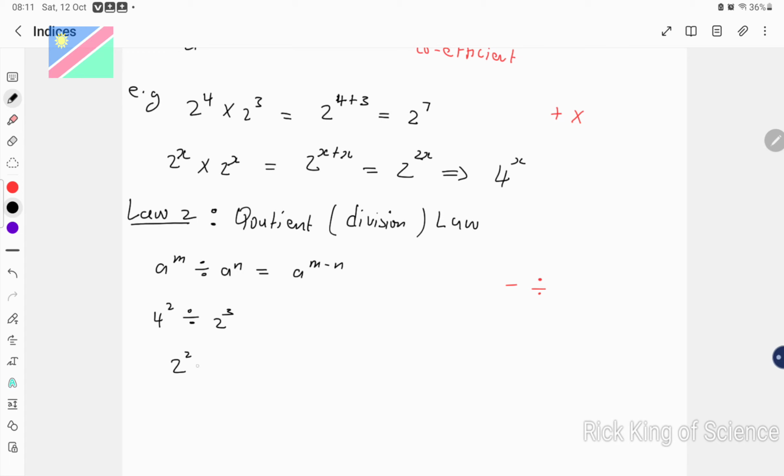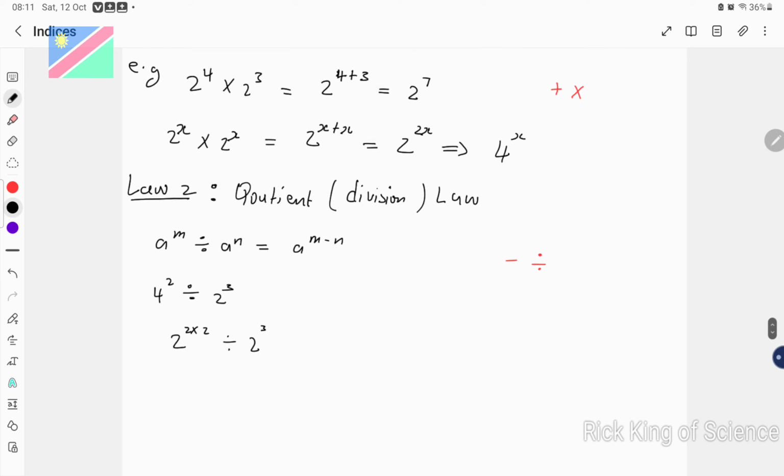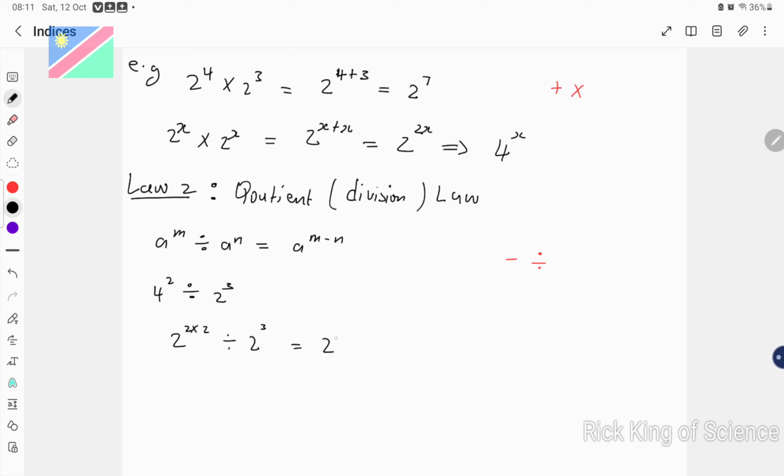But there was already a 2 there, so you are going to multiply those. And then you say divided by 2 power 3. Then from there, apply the law. This one is a 4, right? So the answer will be 2 power 4 minus 3, which is equal to 2 power 1. Normally we don't write 2 power 1, you don't write the 1, but it's still fine.